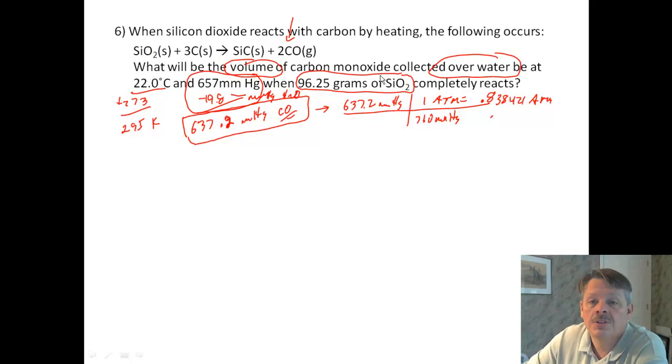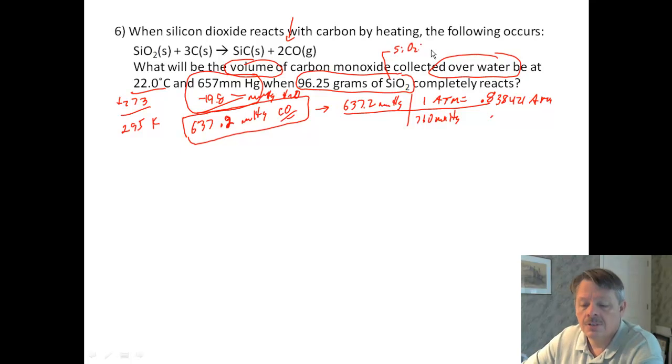So silicon dioxide, how much does silicon dioxide weigh? Well, silicon is, let's see, silicon's about 32. And oxygen, I think 32.09 or something. And we're adding in the two oxygens, which is another 32.